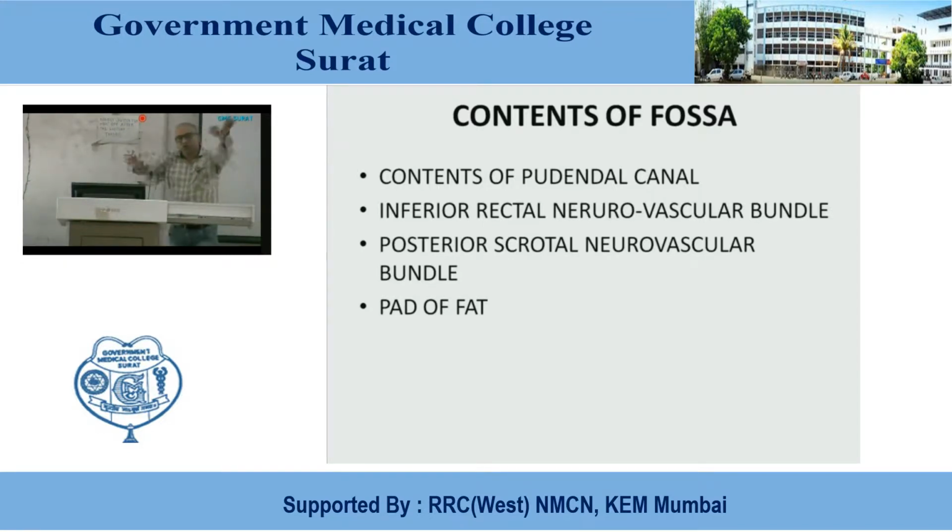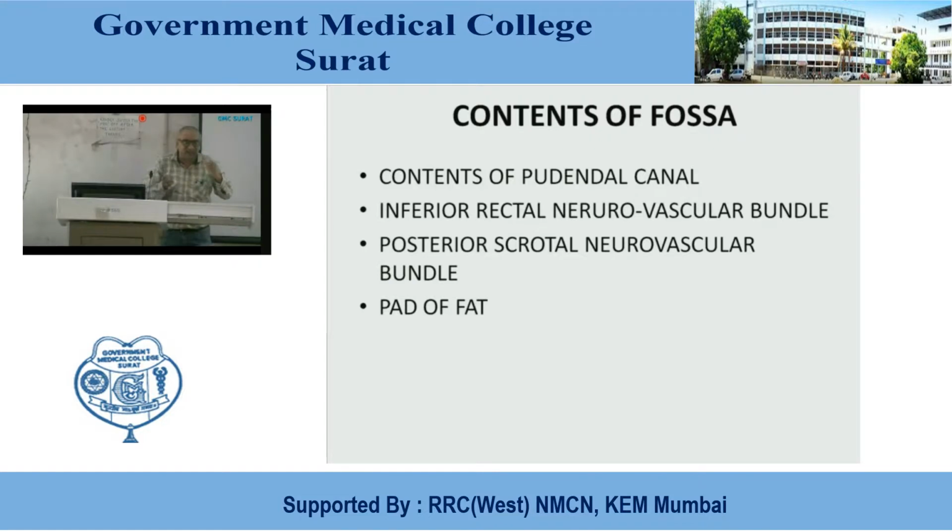So in the ischiorectal fossa, what we have discussed: first I introduced the fossa as a wedge-shaped space on each side of the anal canal and lower part of the rectum. Then we went through the boundaries. Then in the lateral wall, I told you about the pudendal canal.